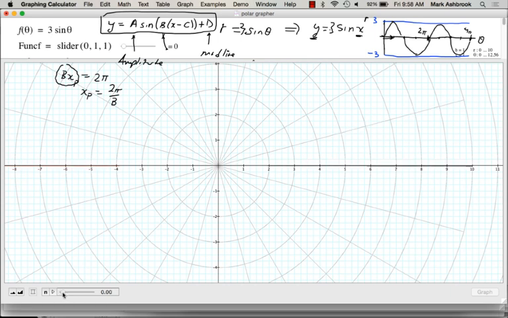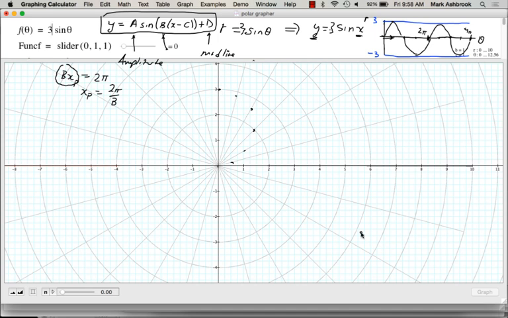Each time theta increases, r increases, such that it starts at 0 and ends at 3. Did you see it? So we have the point theta 0, r 0 here, and for each increasing value of theta, I'm going to get a greater and greater value of r until it reaches 3.